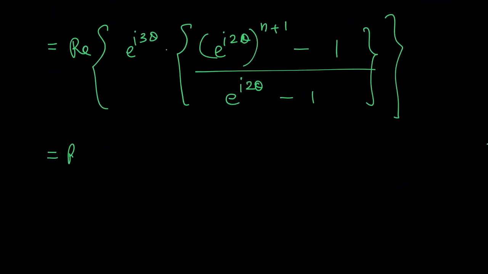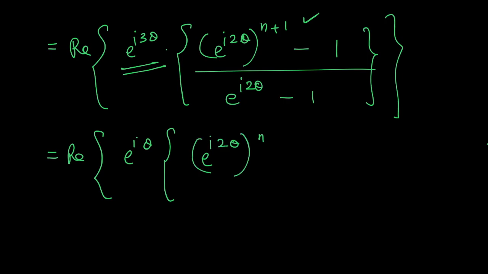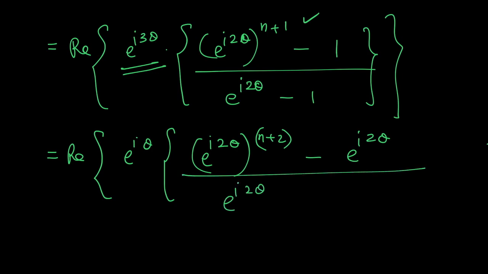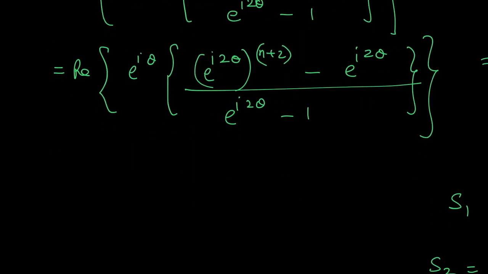Now this can be rewritten as, see, from this e raised to i 3 theta, give one e raised to i 2 theta to this bracket. So it will be e raised to i theta into e raised to i 2 theta whole power n plus 2 minus e raised to i 2 theta, divided by e raised to i 2 theta minus 1. Now we know that n plus 2 times theta is going to be pi.